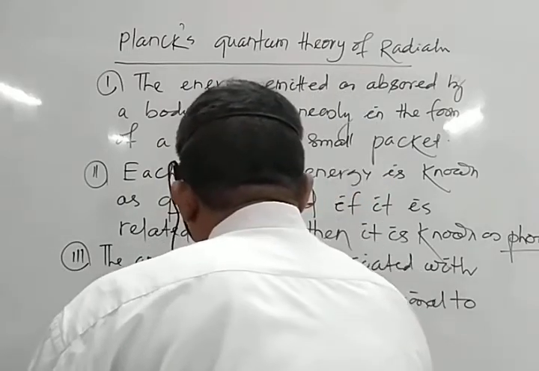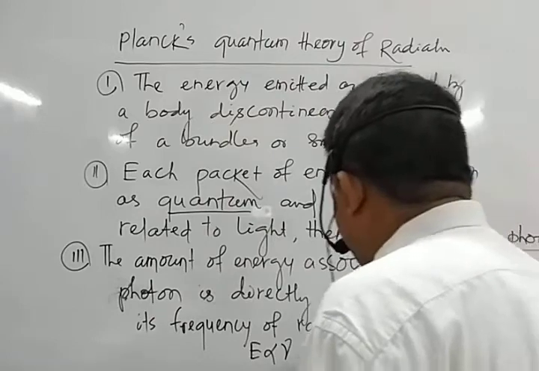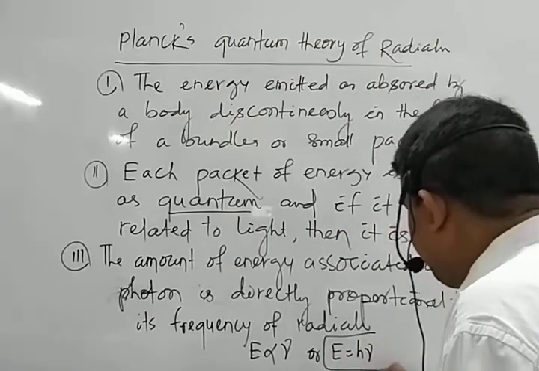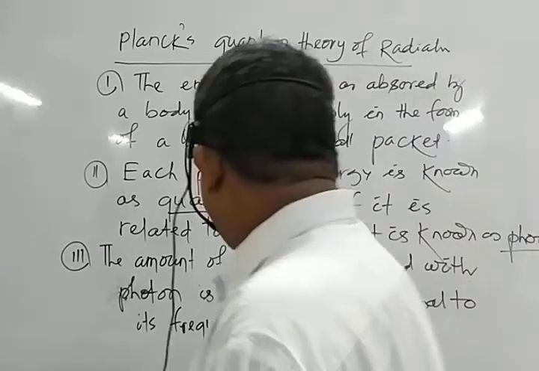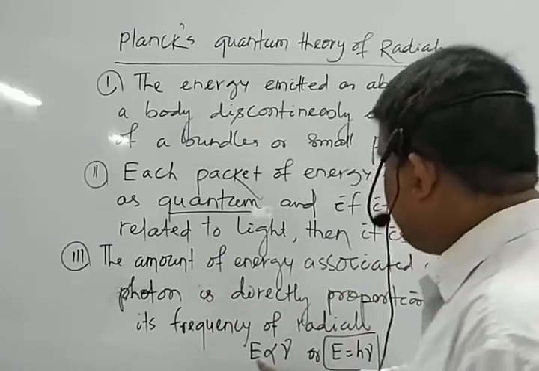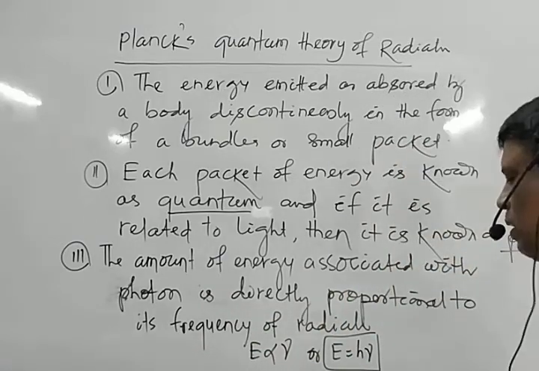That means E is proportional to nu, or E is equal to h nu. Mark that. This energy bundle is associated with the energy. This one is directly proportional to the frequency of radiation.